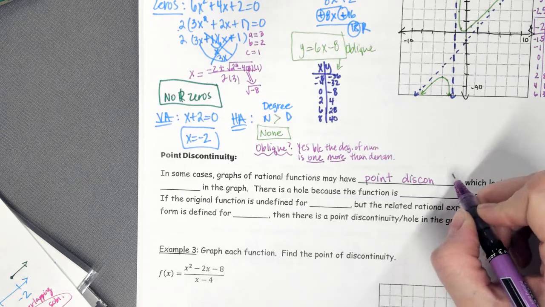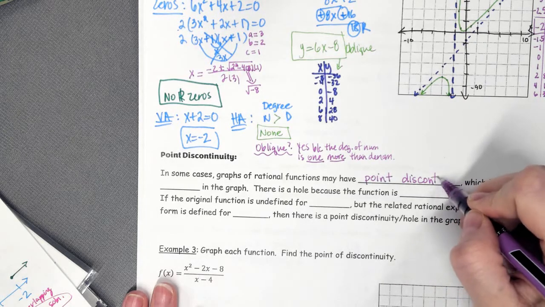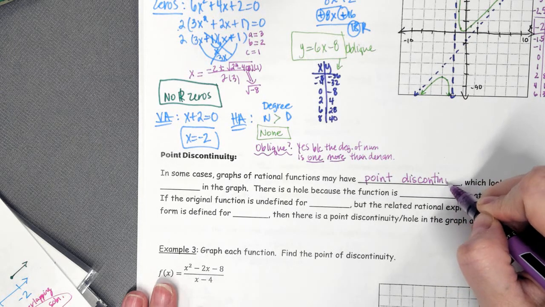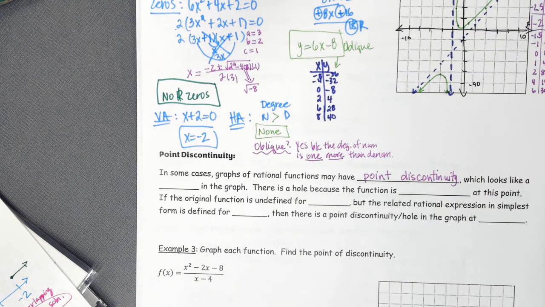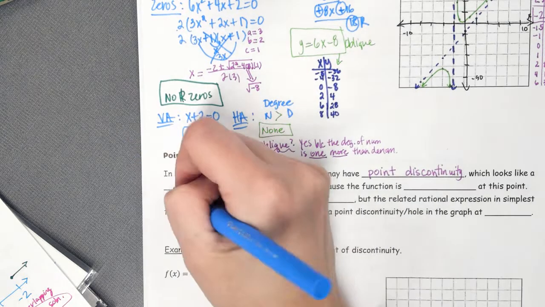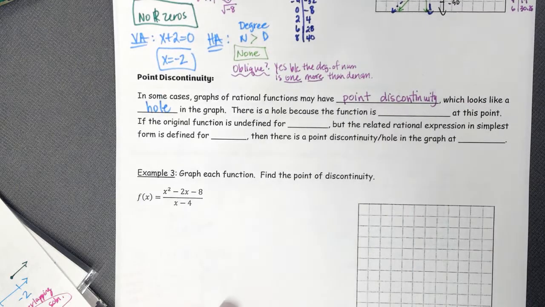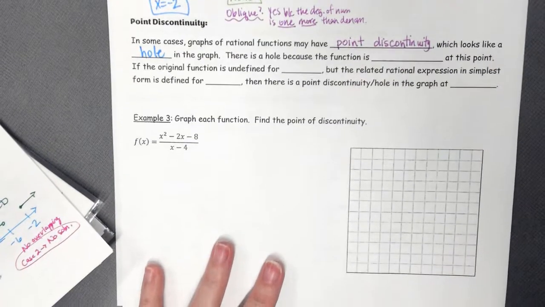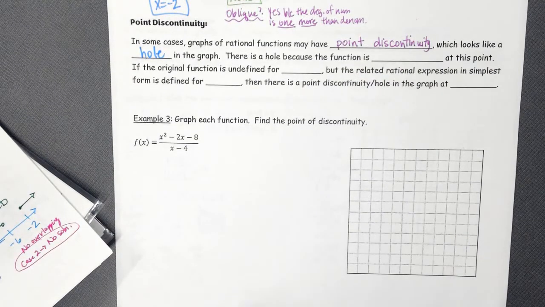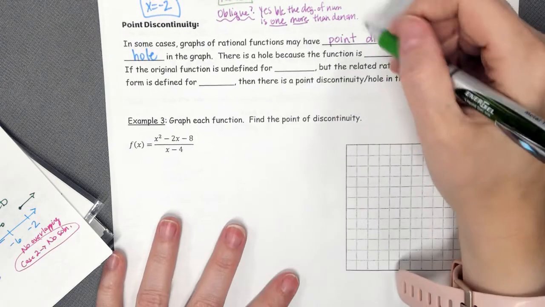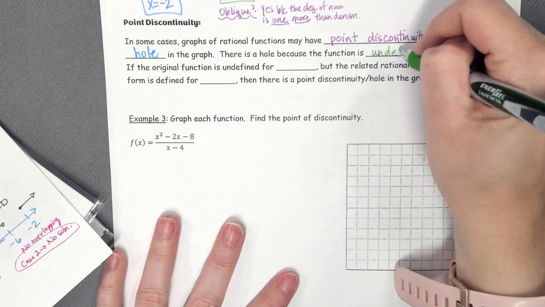So we call this point discontinuity because there's going to be a hole in the graph. Okay, so it looks like a hole in the graph, and that is your main thing that you're going to be graphing here. So there's a hole in the graph, and the reason why there's a hole is because the function is undefined at this point.